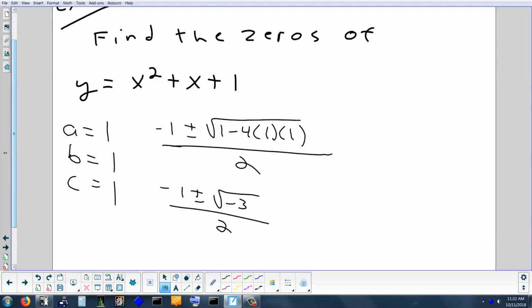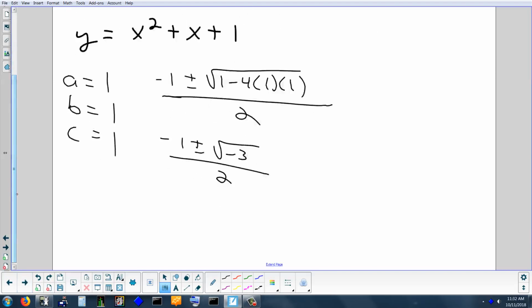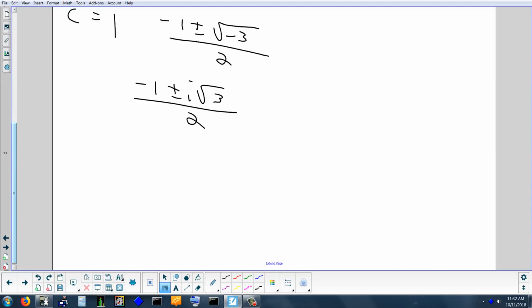Now, we should probably simplify the square root of negative 3, so there's no negative under the root. And what would we do for that? Yep. So we're going to write it as i square root 3 over 2. Those are your two answers.